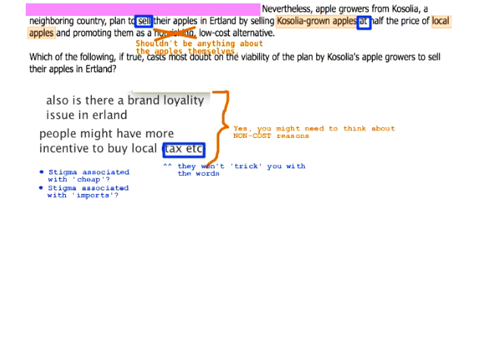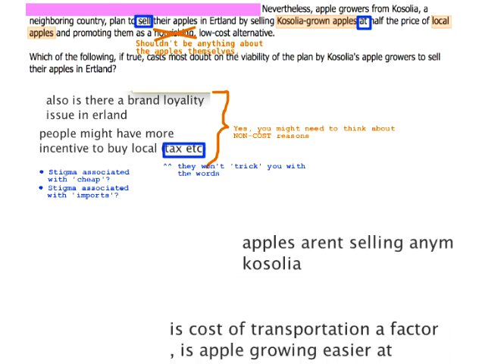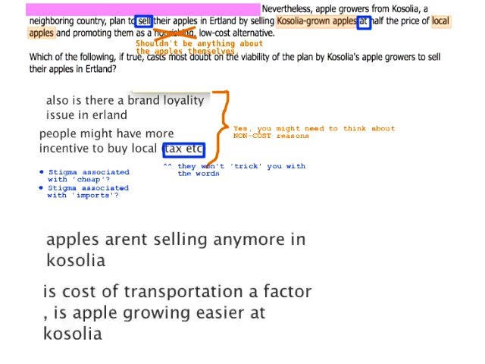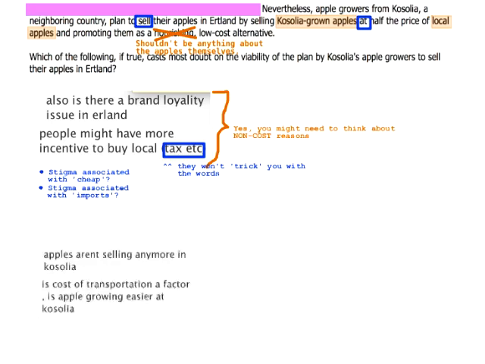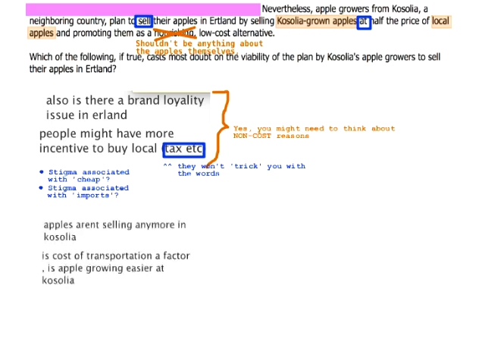Now, here's the thing. Let's talk about a couple of things that are not relevant. So you don't need to think about this stuff. Anything going on in Kosolia is totally irrelevant. We don't care at all.